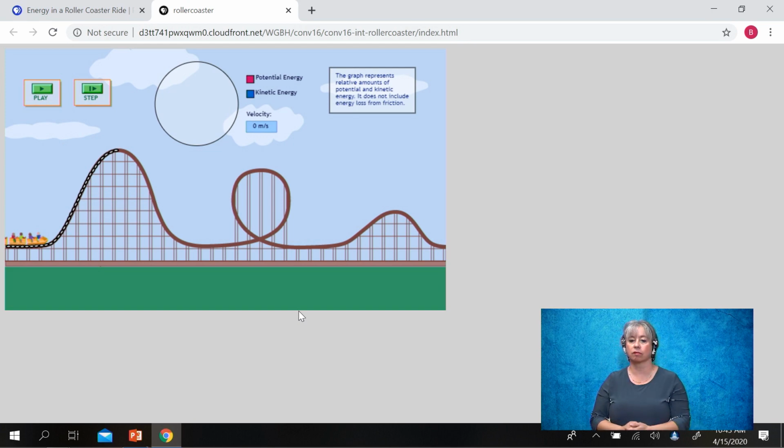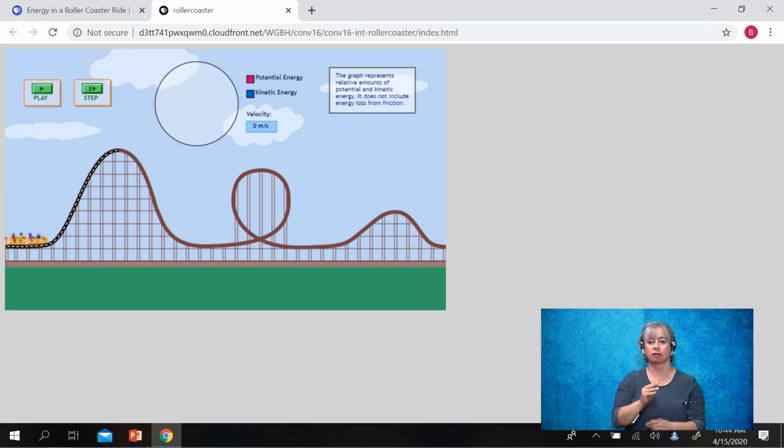I want to bring your attention to this circle right here. I think you have been familiar with a pie chart. That's what this is going to show. I'm going to read these off to you so you can see what we're looking for. The red is going to be potential energy. Just to remind you real quick, potential energy is stored energy. In particular, we're going to be looking at gravitational potential energy. Then we have kinetic energy.